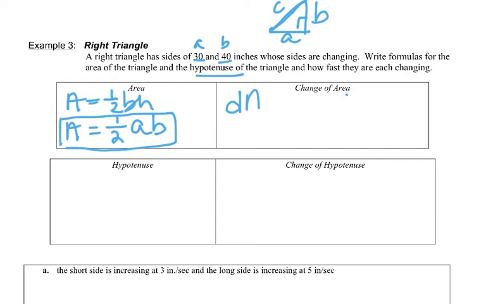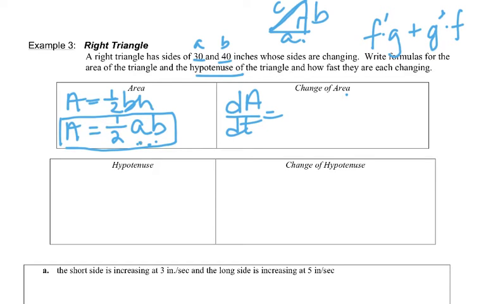So the derivative of A, and I'm using capital A for area because the lowercase a is a side length. So capital A for area over the change in time equals, looking back at our area, we have two variables being multiplied. That means that we will need to use the product rule. We know the product rule is f prime times g plus g prime times f.